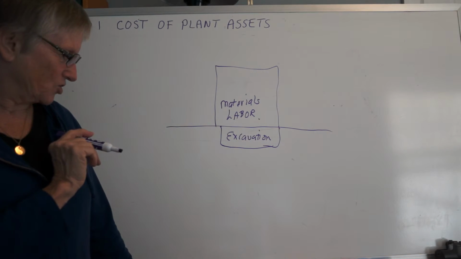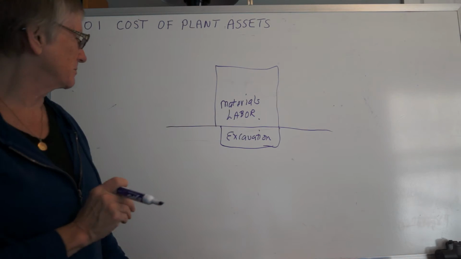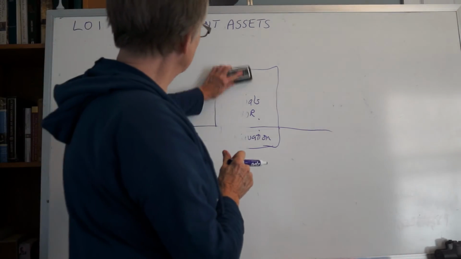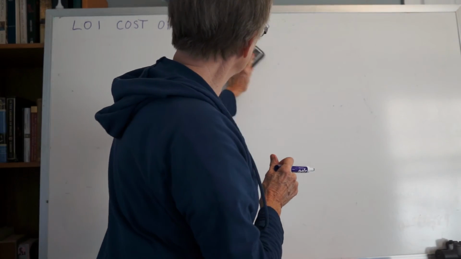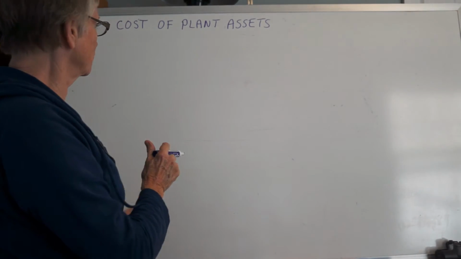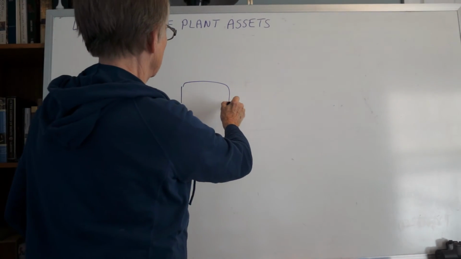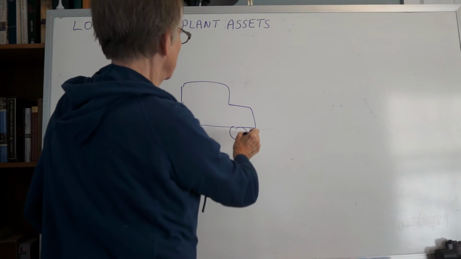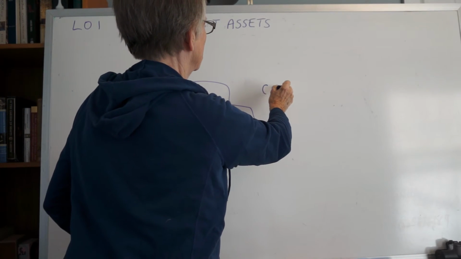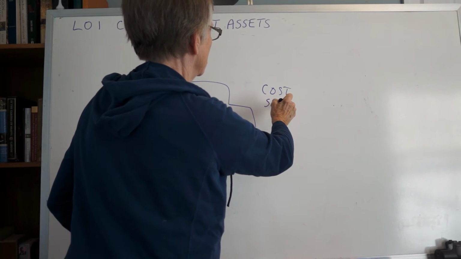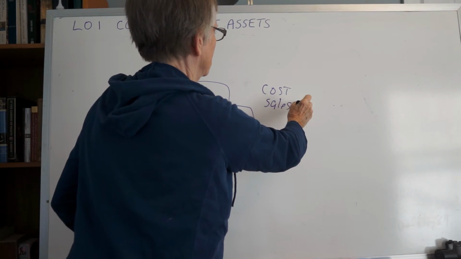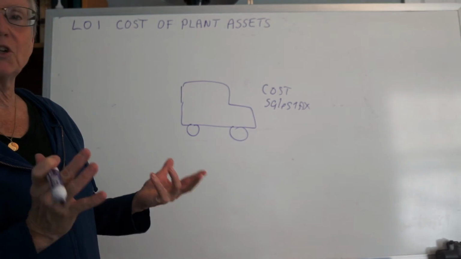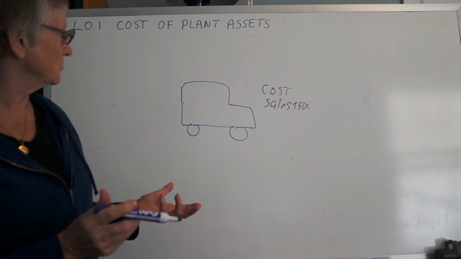Okay, a truck. If you're buying a truck, you have the exchange price paid, and that would include the sales tax, because that's part of buying the truck. So it's going to be the initial cost plus sales tax, because you can't avoid that. And then the cost to get it ready for its intended use.